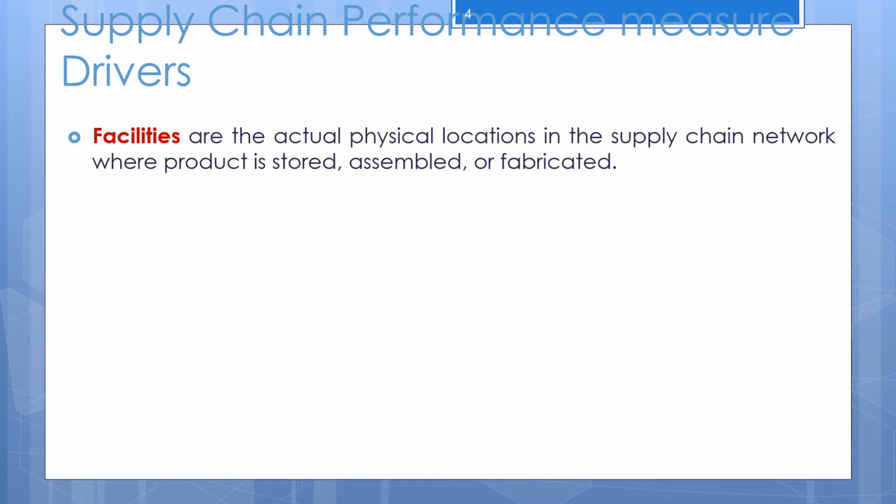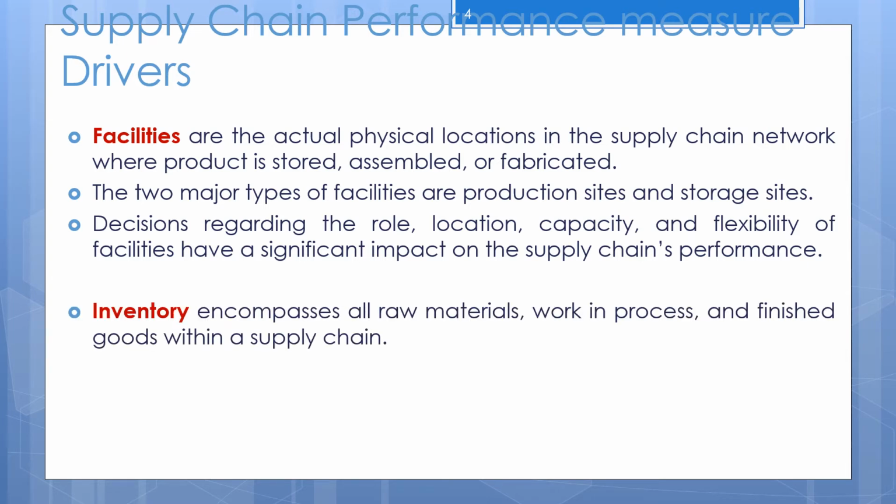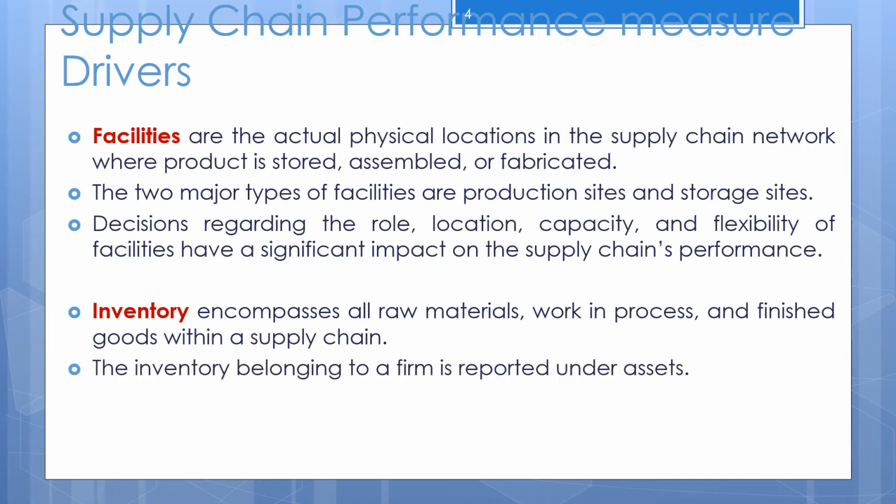Okay, next we'll discuss the second supply chain performance driver, that is inventory, and the role of inventory in supply chain performance. Inventory exists in the supply chain because of a mismatch between supply and demand.